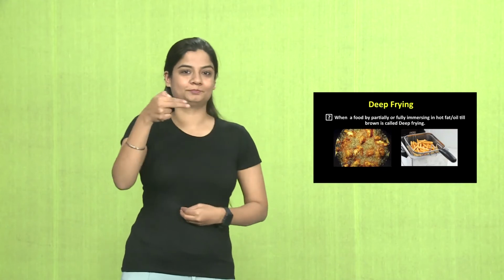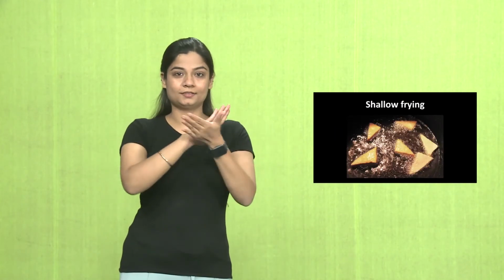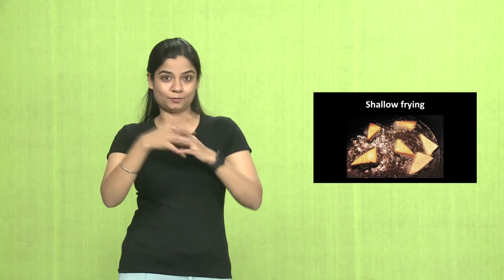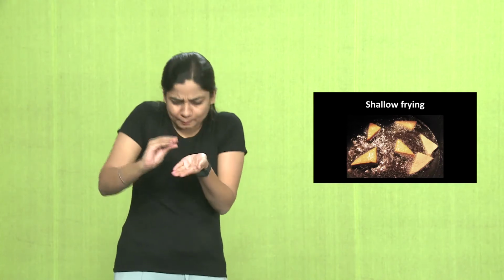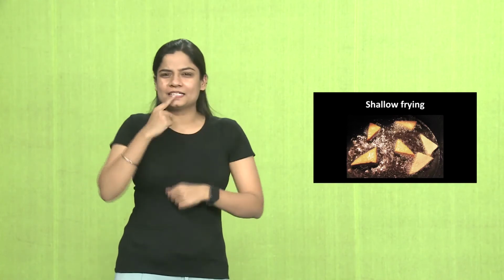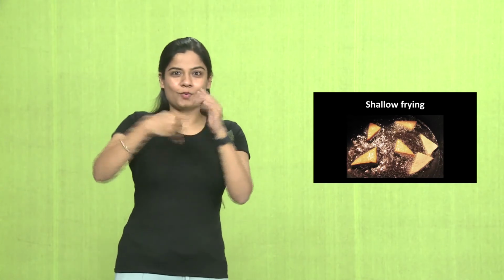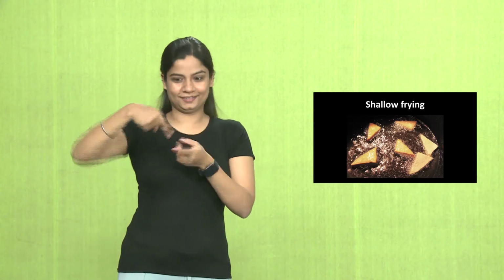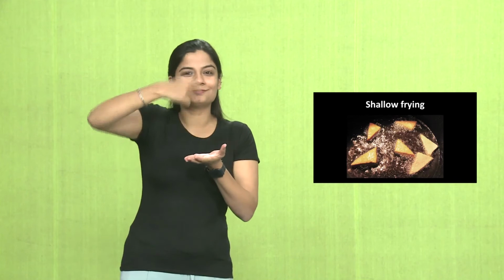So it's called deep frying. The next category is shallow frying. In deep frying, we used a lot of oil, whereas in shallow frying, we use less oil and we use a frying pan or tawa to do the frying. For example, for dosa, paratha, chila, omelette, etc. Less oil.